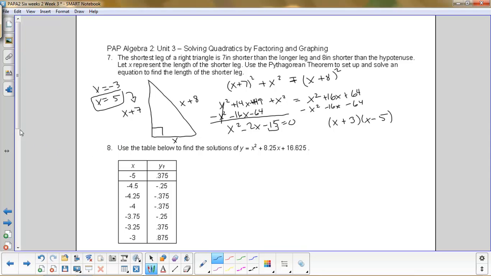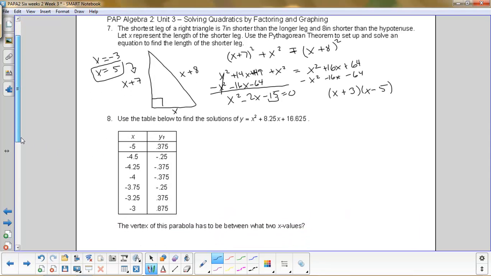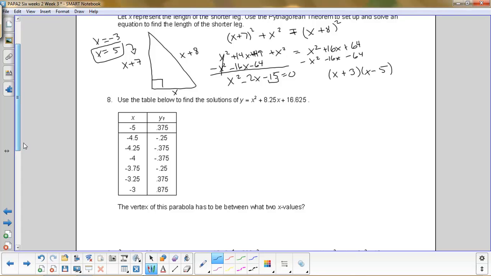Using the table below, we're going to find possible solutions to this problem. So the first thing we've got to look for here is the place where the y values switch from positive to negative, because that would be the place where the graph itself crosses the x-axis.